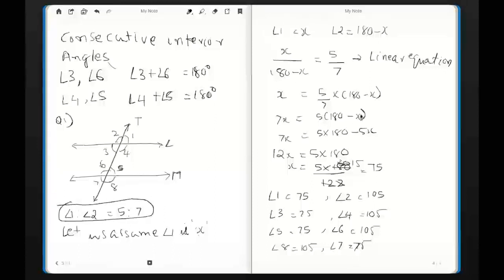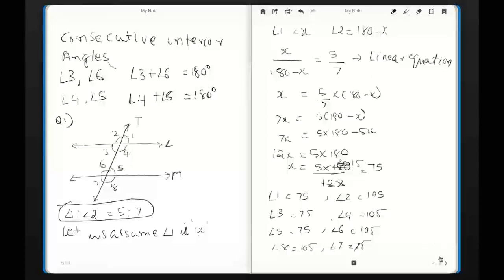As soon as I got the linear equation, I got the two angles. And once I get the two angles, using the concept of supplementary angles, opposite angles, and alternate interior angles, I will be able to get all the other angles. So that's what I did.